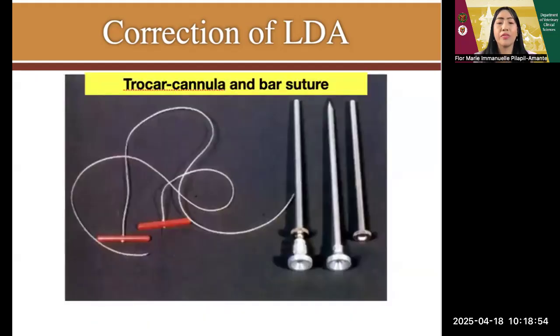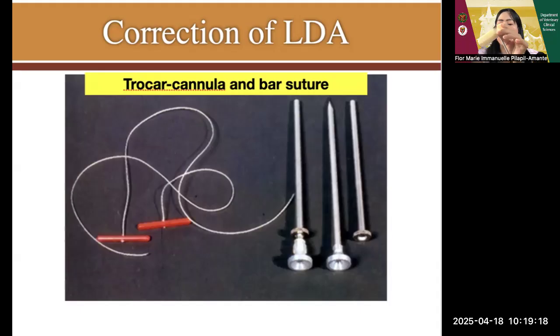This is another type of the toggle technique. Note that the bar sutures have the red bar on one end while the other one is free. The difference between the Jorvet brand is that it has this bar, so it will be easier to hold the cannula in place while puncturing on the right side of the ventral midline.